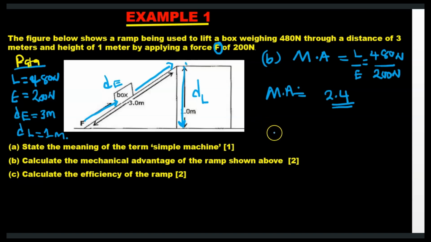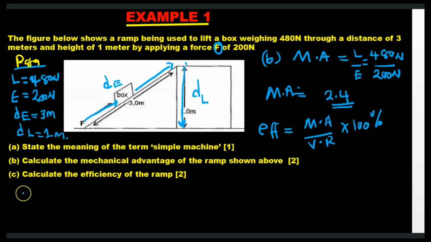So now let us try out this one. Efficiency is equal to mechanical advantage, which we already have, divided by velocity ratio, multiplied by 100%. Do we have the velocity ratio, or can we find it?